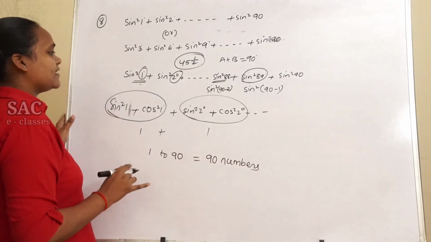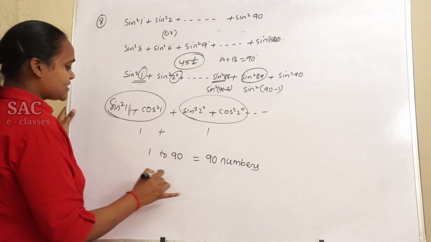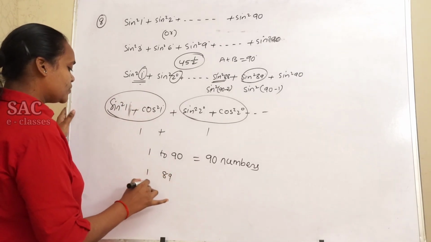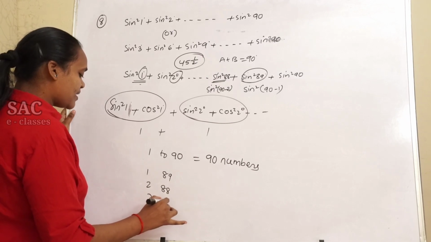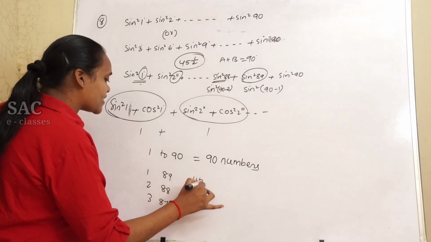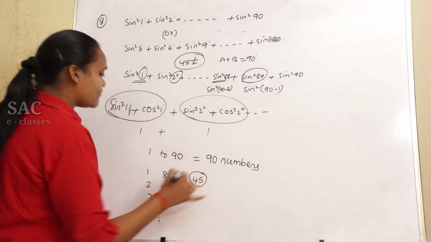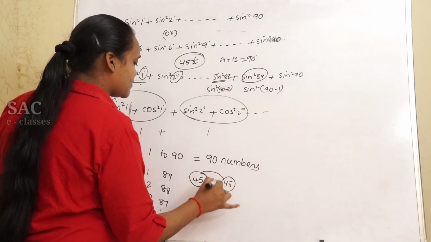Among the 90, which are not complementary to another? 1 is complementary with 89, 2 is complementary with 88, 3 is complementary with 87 and so on. But the angle which does not have a complement is 45, because 45 will not repeat 2 times.